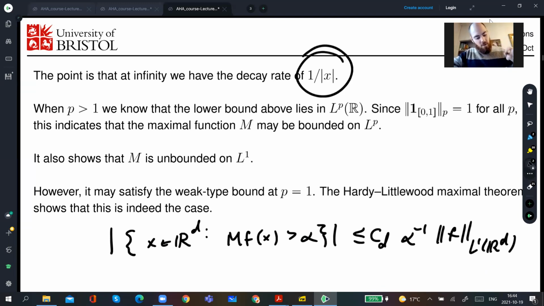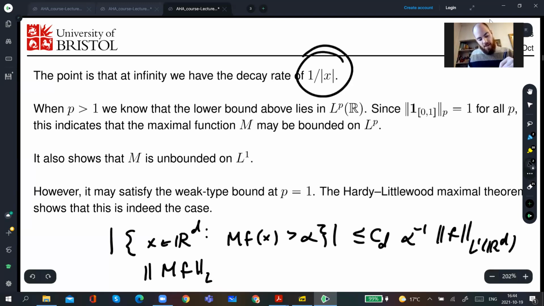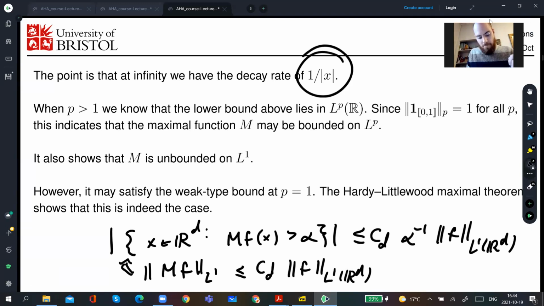One point is also, if we know it's never true, but suppose you knew that your maximal function was in L1, so that you knew something like the L1 norm of m f was less than or equal to, say, the same constant C_d times the L1 norm of f. Well, that would imply this statement by the Chebyshev-Markov inequality.